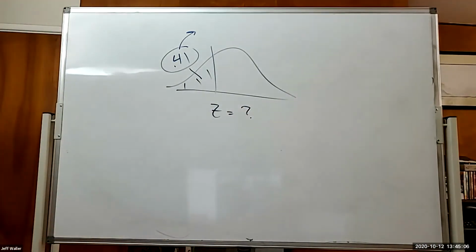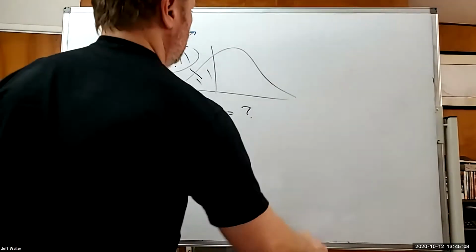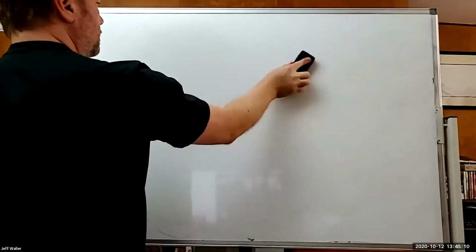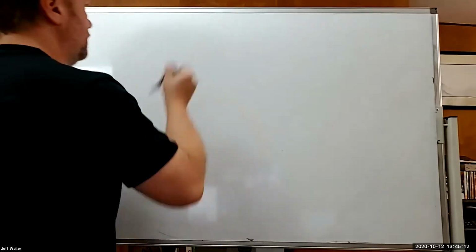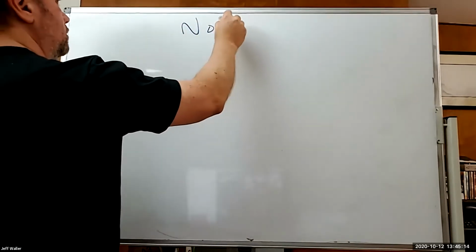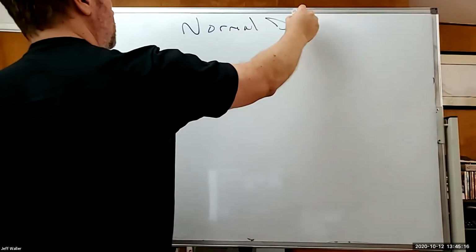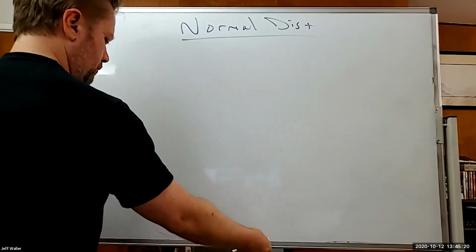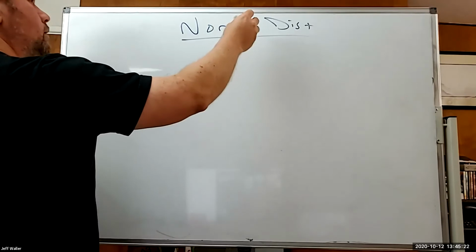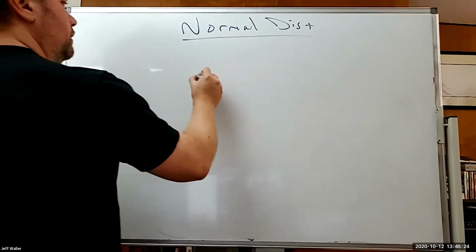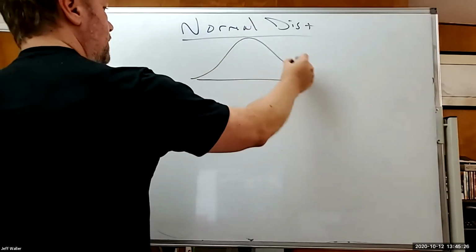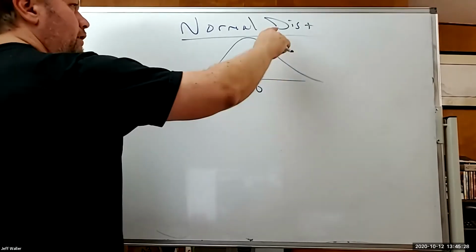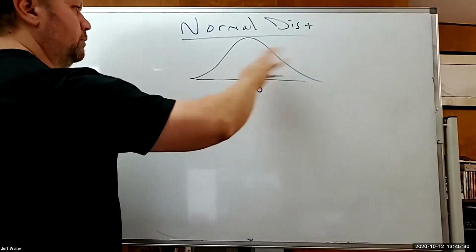there's something that doesn't quite translate as a student. If I have something that is normally distributed, so if I have a normal distribution, that means that I know how the probabilities are splayed out.